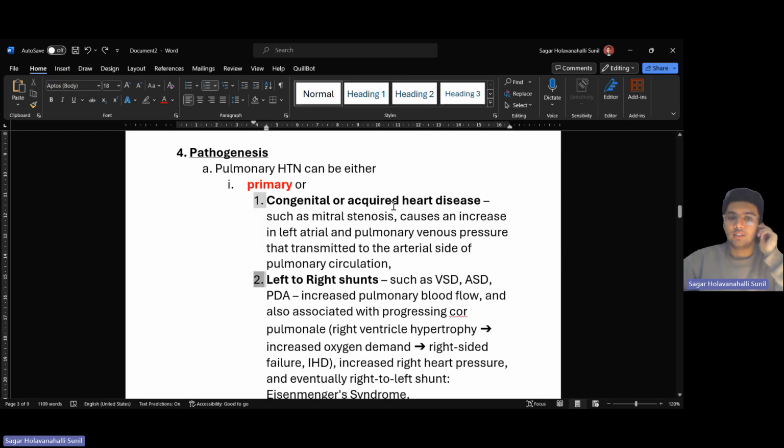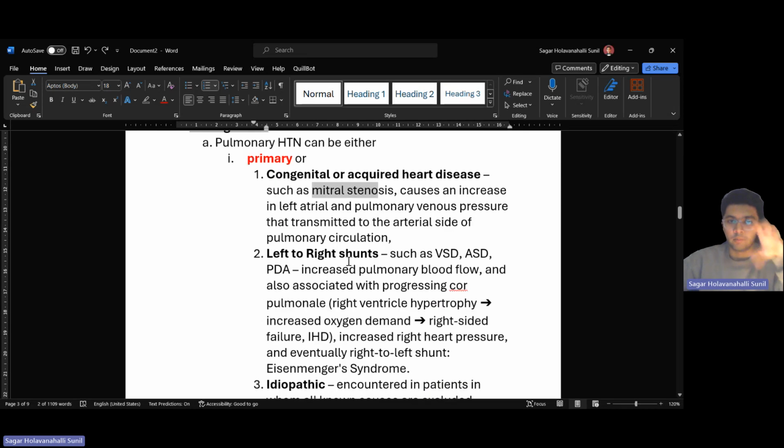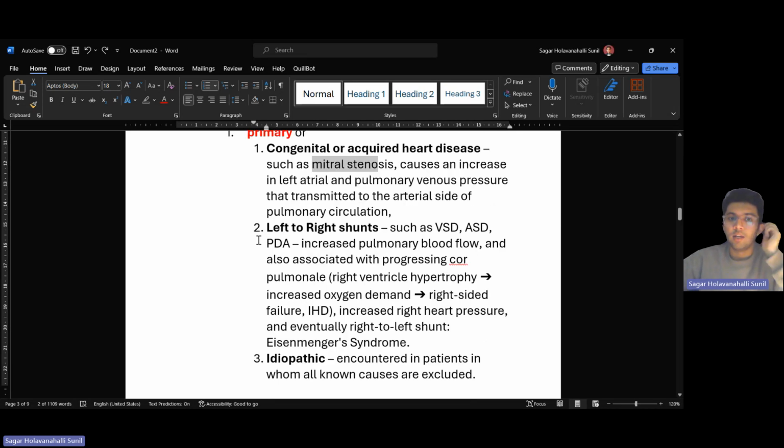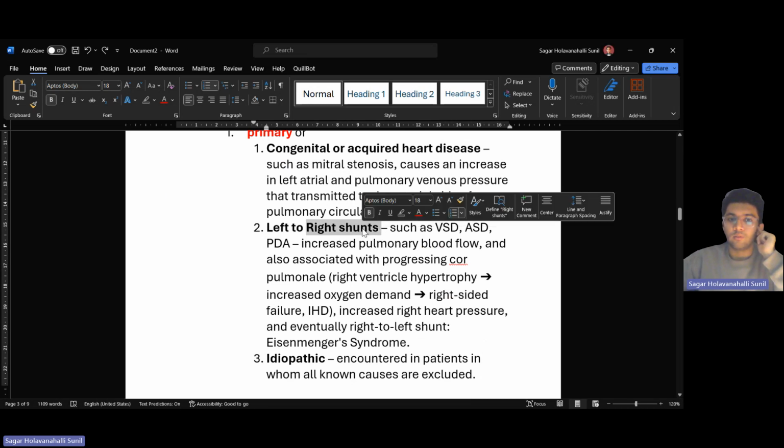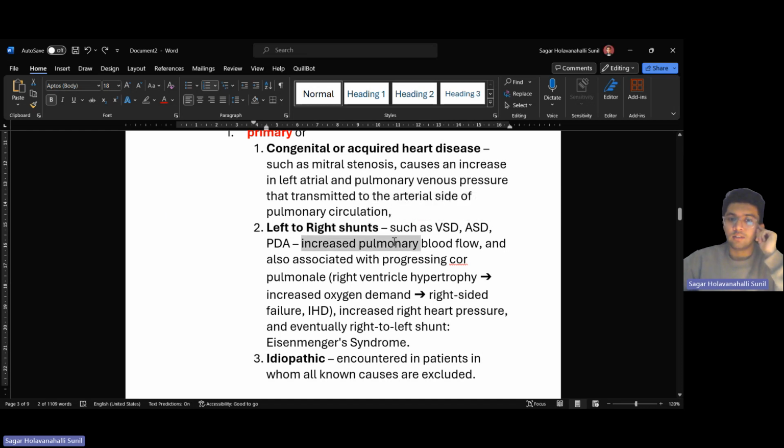So any of these heart diseases such as mitral stenosis can transmit the blood pressure into the pulmonary vasculature. It's going to cause a problem. If you have a left to right shunt, the right side of the heart will have more blood to deal with. Okay. And this is going to result in an increased pulmonary blood flow, and therefore you're going to have a right ventricular hypertrophy.